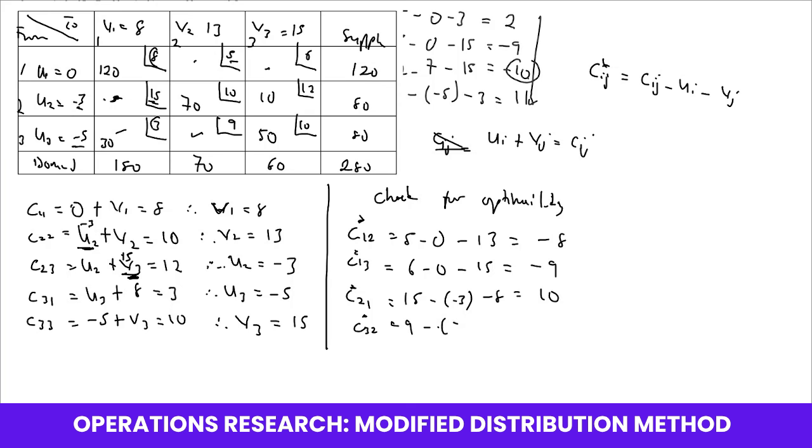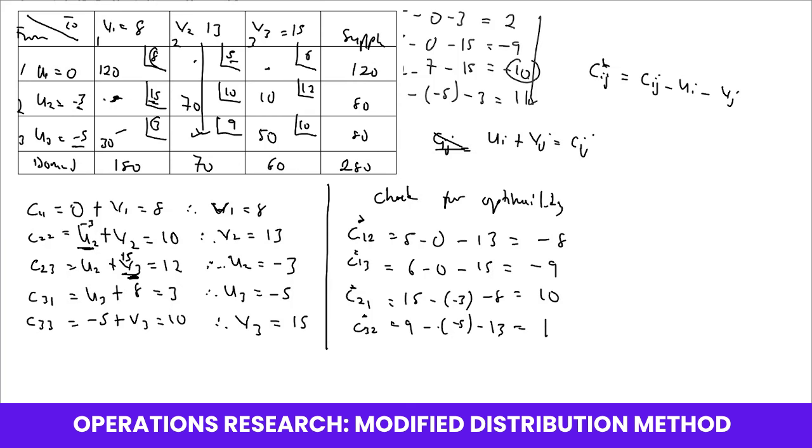So minus 5 minus the V value, that's minus 13. So 9 plus 5 minus 13, and this is going to give us 1.